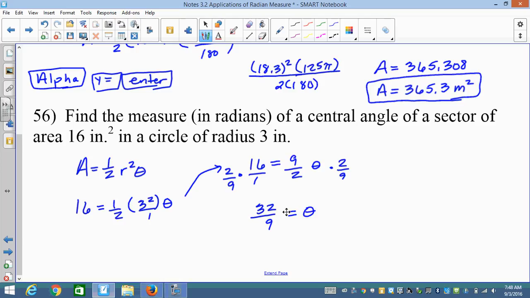That is in radians because the formula requires it to be in radians. So you do not have to do any more to it. You do not have to give me a decimal value. It doesn't ask for a decimal value. Remember I told you radians should be a whole number or a fraction. You should never give me a decimal value unless they ask for it. And they're not asking for it here.